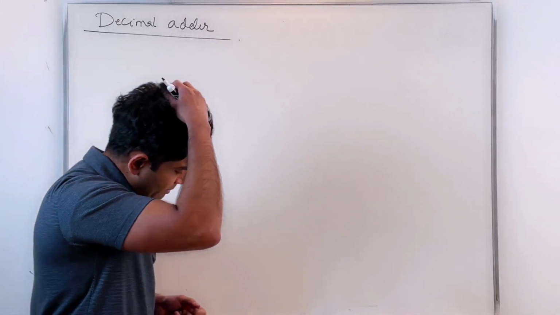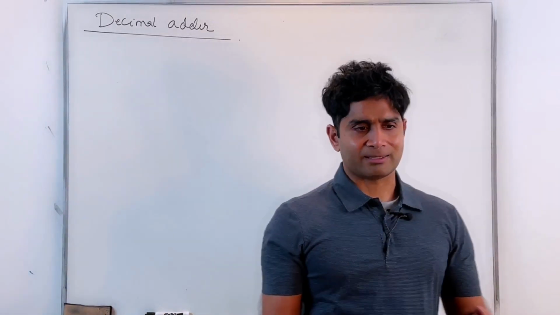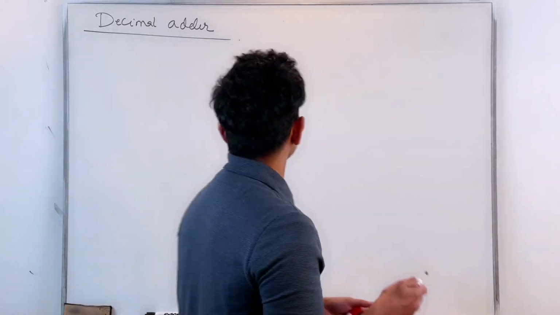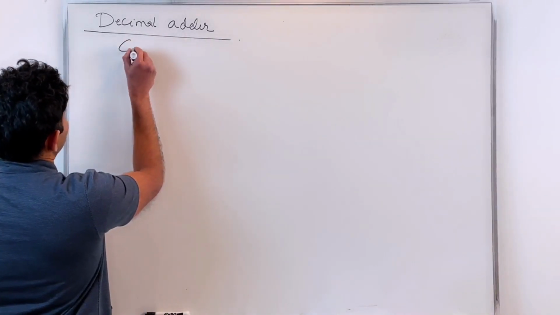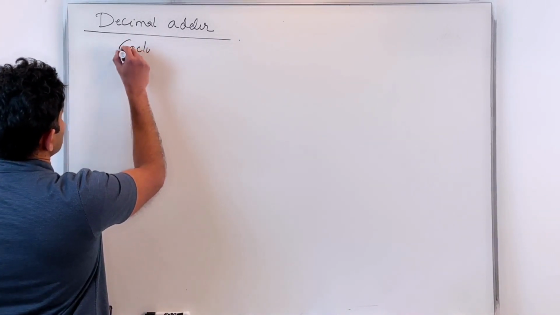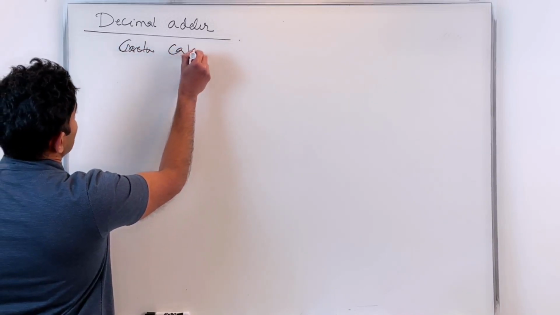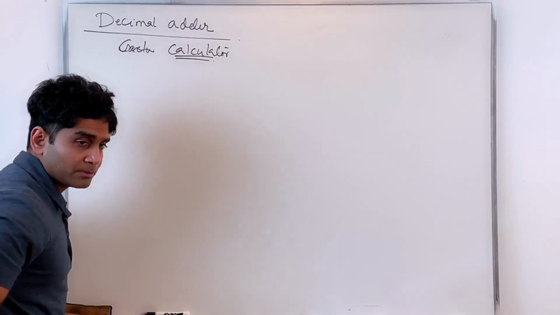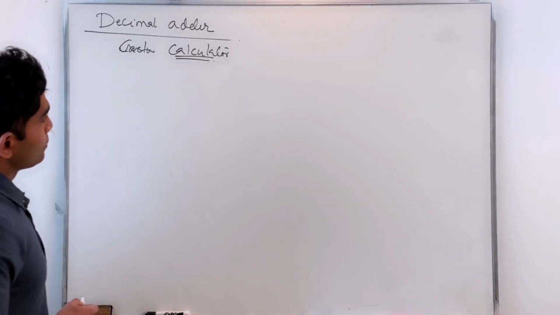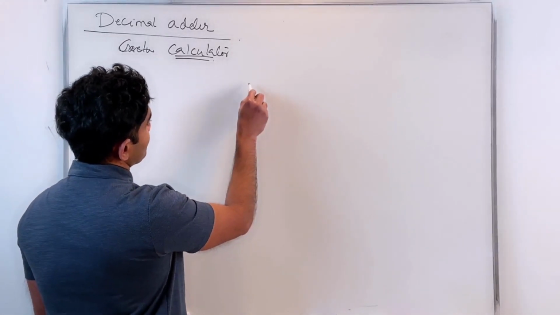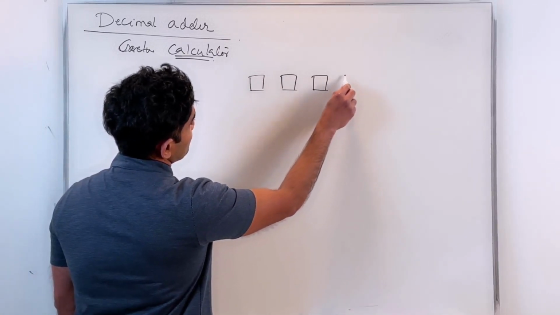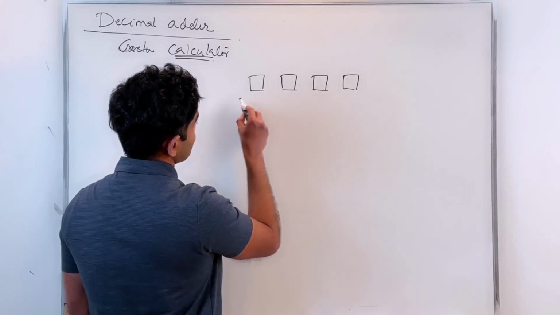But before that, let's actually understand what we are trying to do here. We are trying to design a calculator, right? So you have these individual buttons. So you need to have some kind of an interface.